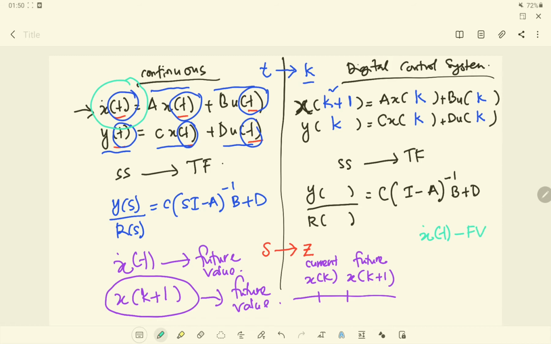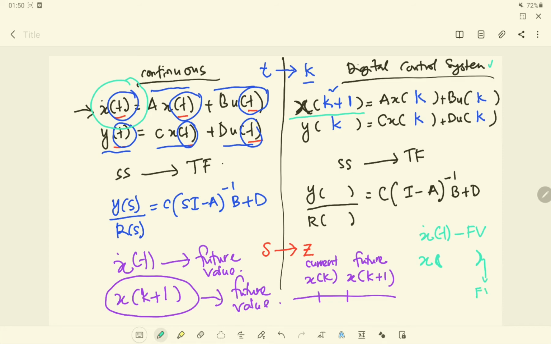However, when we convert to the digital form, the first variable we use is x in the bracket, and it must represent the future value as well.